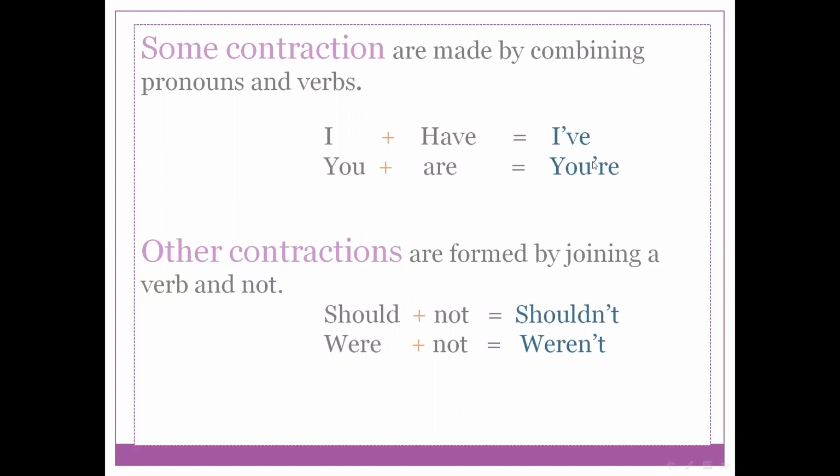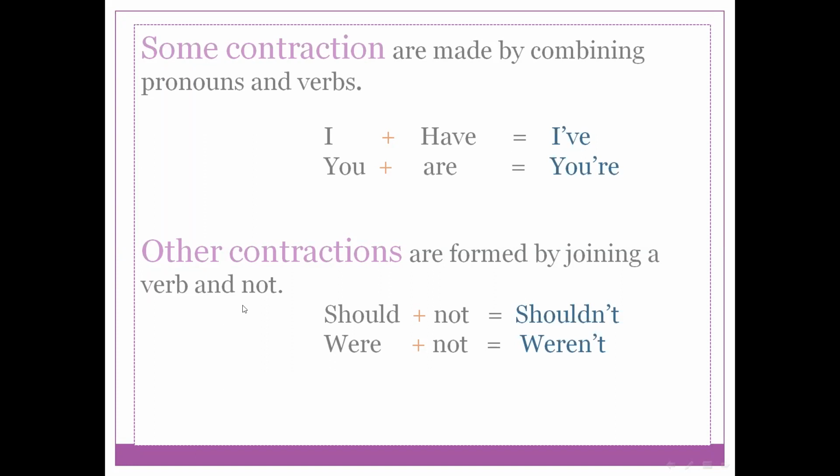Okay, don't forget to put the apostrophe and remove the letters that we have to remove. So the first one, I told you, some contractions are made by combining pronouns with verbs. Now, the second one: other contractions are formed by joining a verb and not.